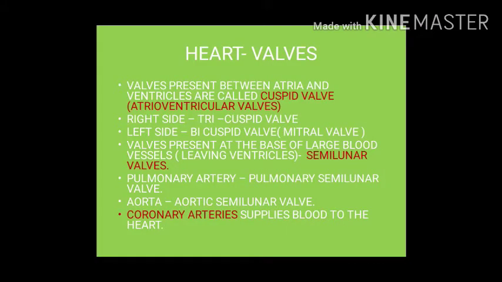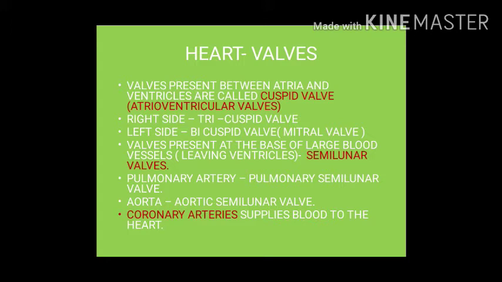Now moving on to heart valves. Valves present between atria and ventricle are called cuspid valve, also known as atrioventricular valves. Right side it is tricuspid valve and left side it is bicuspid valve, also known as mitral valve.